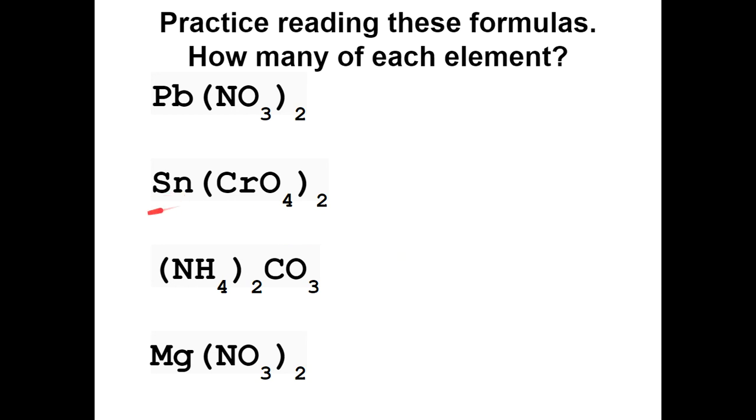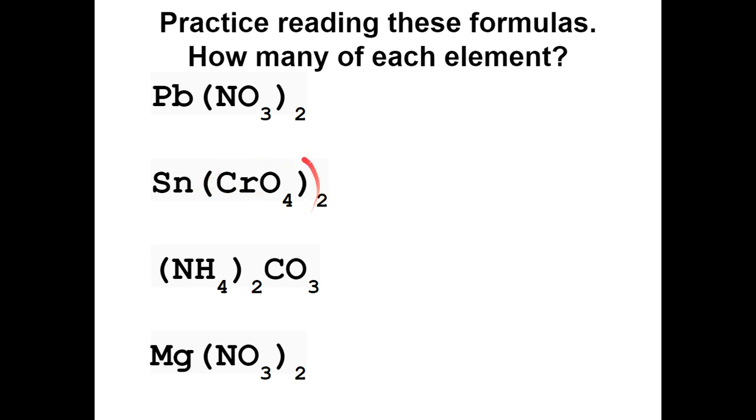All right, Sn is tin. And there's only 1 tin because there's no number here. So 1 Sn. And then your next element is Cr, chromium. So you're kind of doing 2 things as you do this. You've got to know what the elements are, like where one element starts and where it stops, and then how many there are of it, okay? So Cr is chromium.